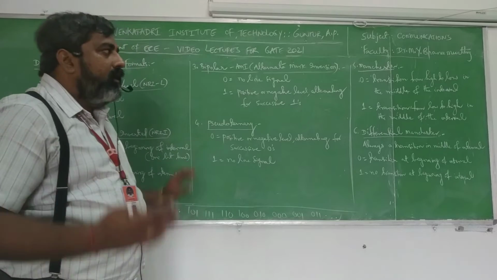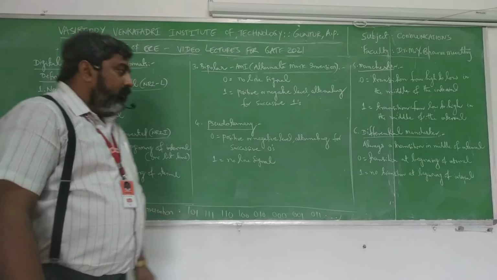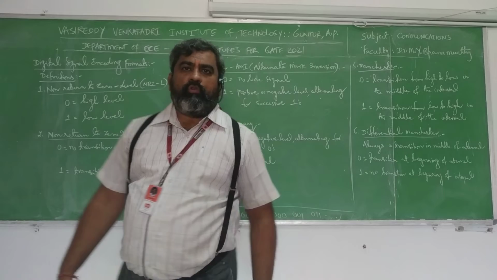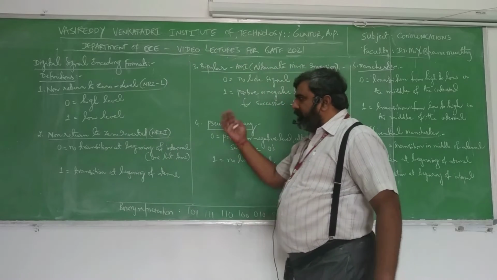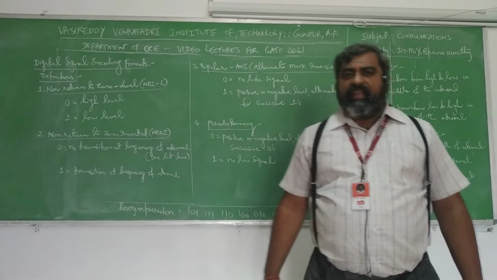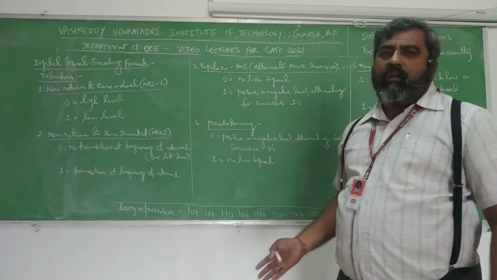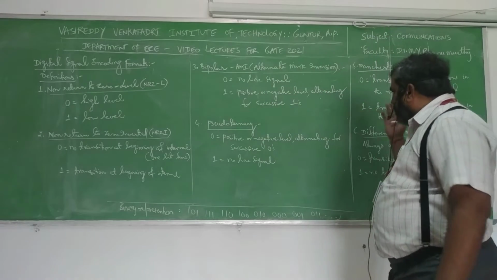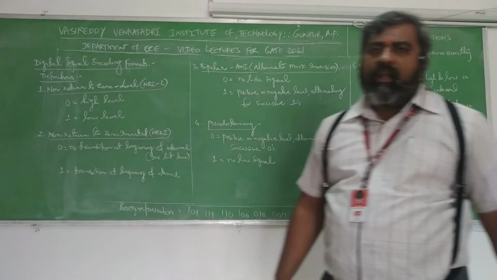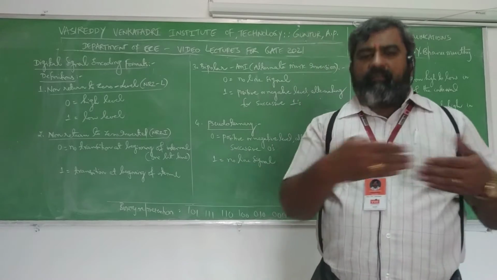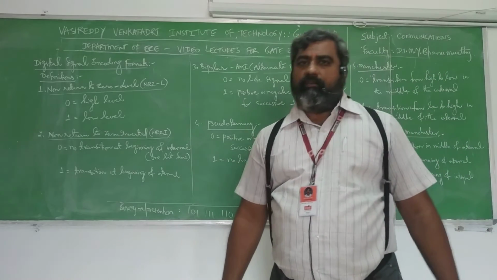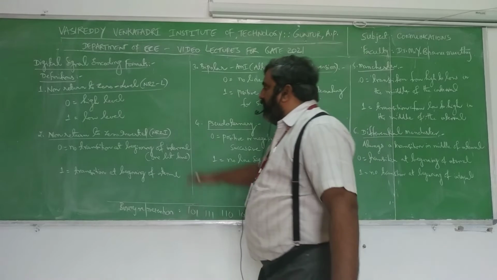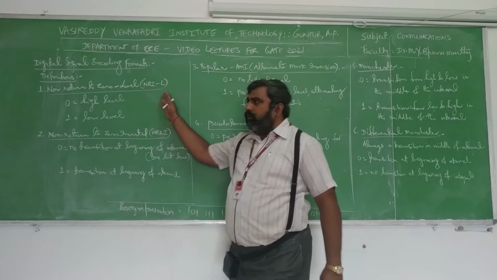This is what you are supposed to follow. So let us go through quickly what these definitions say, and then we will take an example and draw all these 6 digital signal encoding formats for a binary data. The first one is non-return to 0 level.